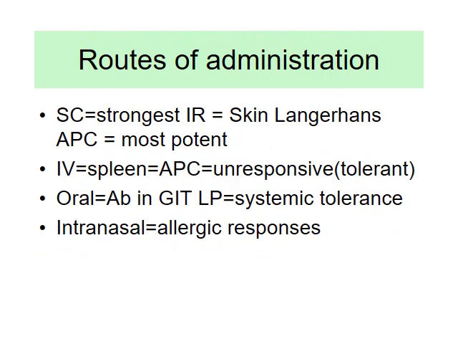Routes of administration. For example, the question I may ask is, which of the following routes of antigen entry will provoke the strongest immune response? It's as simple as that: skin. The next question will be why.